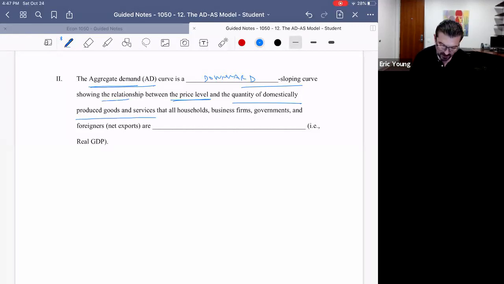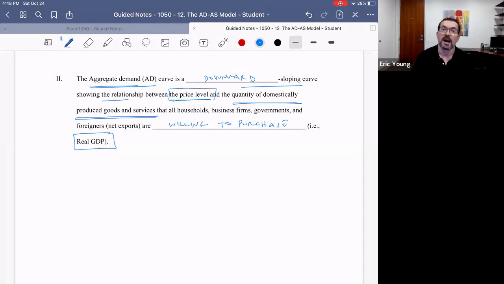By definition, the AD curve shows the relationship between the price level and, to be very precise, the quantity of domestically produced goods and services that all households, business firms, governments, and foreigners are willing to purchase. In other words, it shows the connection between the price level and real GDP.